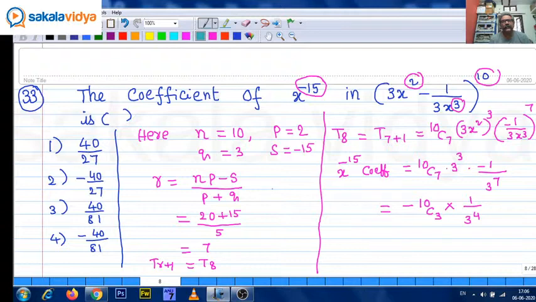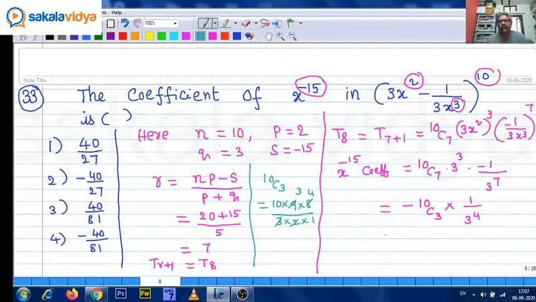See, 10c3 equals 10 into 9 into 8 upon 3 into 2 into 1. 3 3s are 9, 2 4s are 8, this will be how much? 120.